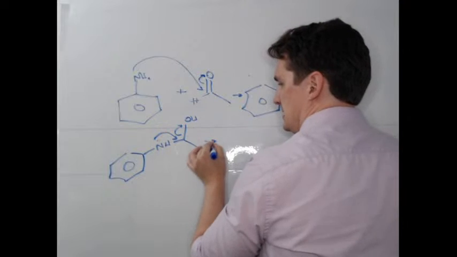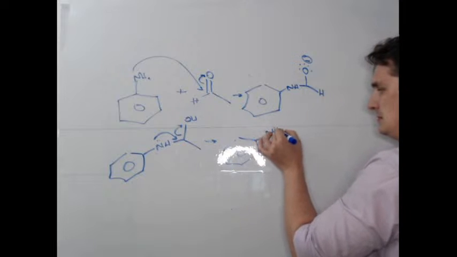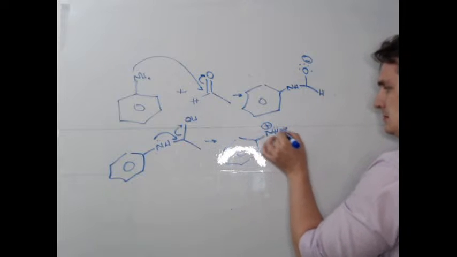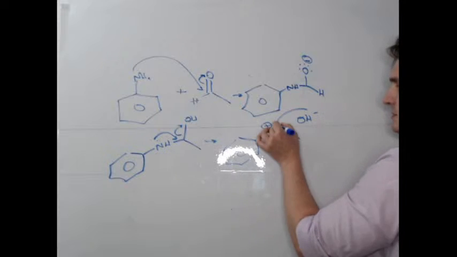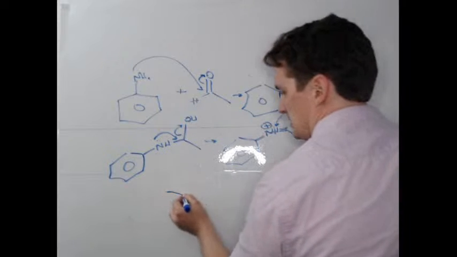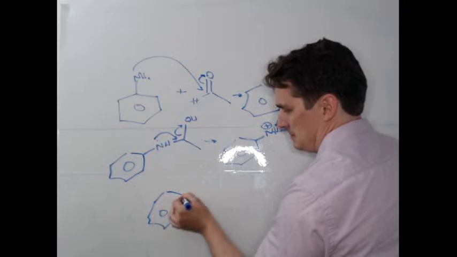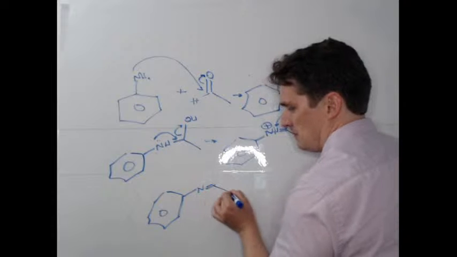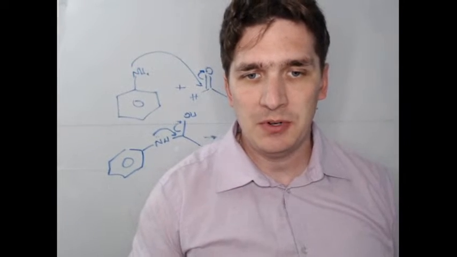This is going to react to displace the oxygen to give us an OH minus. And this OH minus is going to abstract a hydrogen to give us, make sure you can see it, this compound here. So hopefully it's a little bit easier to see in this program.